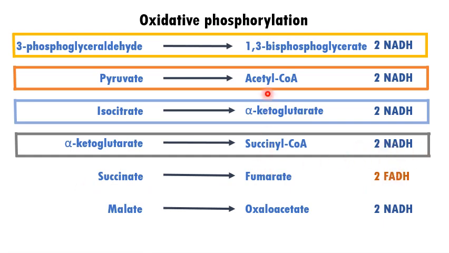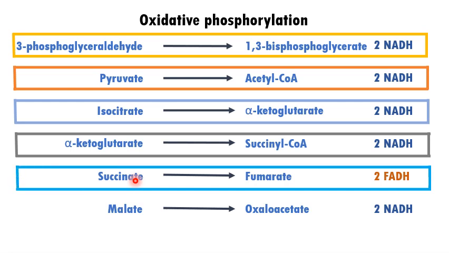And you can observe that these 3 reactions are there along with the formation of carbon dioxide also. And this is a very unique reaction, succinate to fumarate, where instead of NADH, FAD is used. NADH stands for nicotinamide adenine dinucleotide.